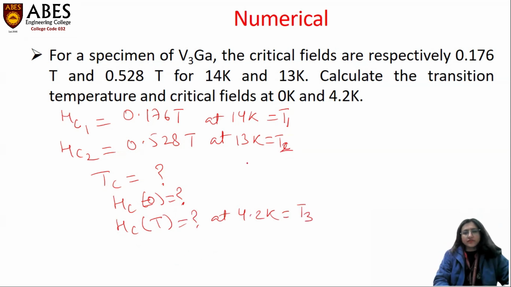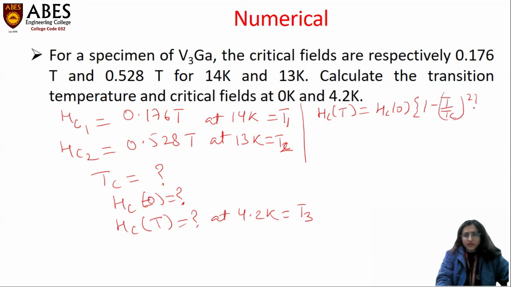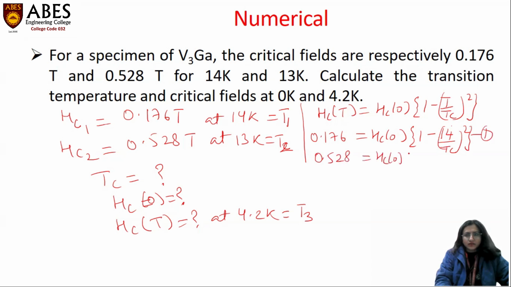In order to solve this, we will build the equation on the basis of the standard formula HCT = HC0 (1 − T/TC)². First we have 0.176 = HC0 (1 − 14/TC)². This is our first equation. Second, 0.528 = HC0 (1 − 13/TC)².